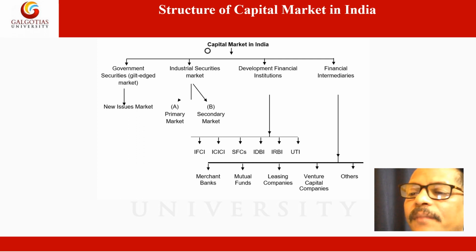Right, I would like to tell you here about the government securities market. See, securities are financial instruments to raise funds. The primary function of the securities market is to enable the flow of capital from those that have it to those that need it.